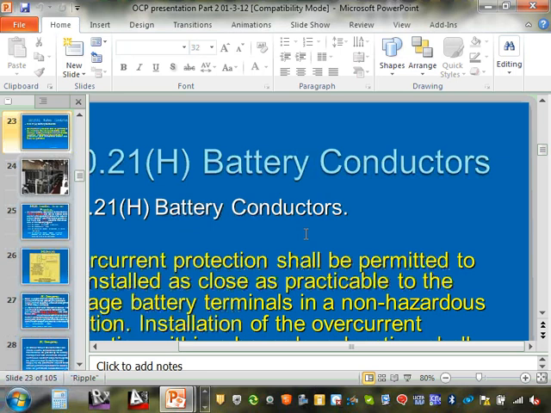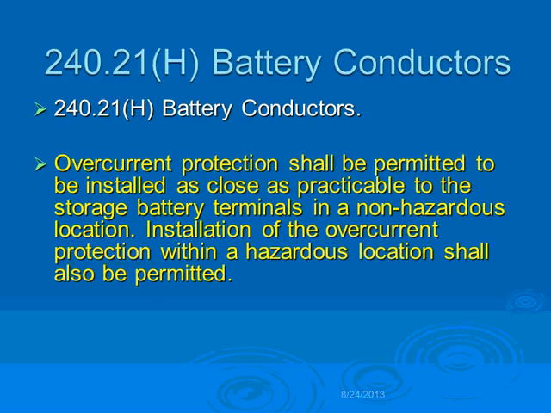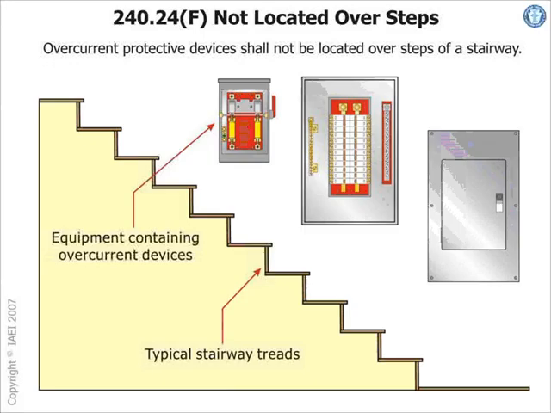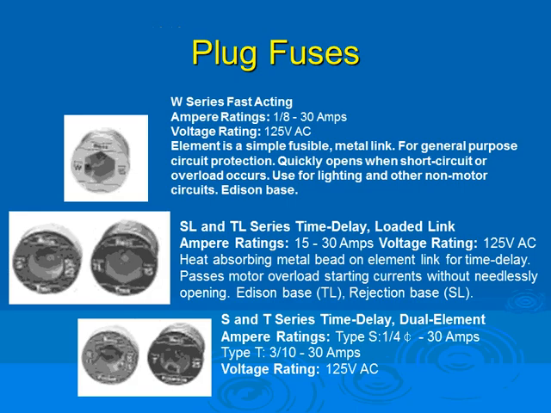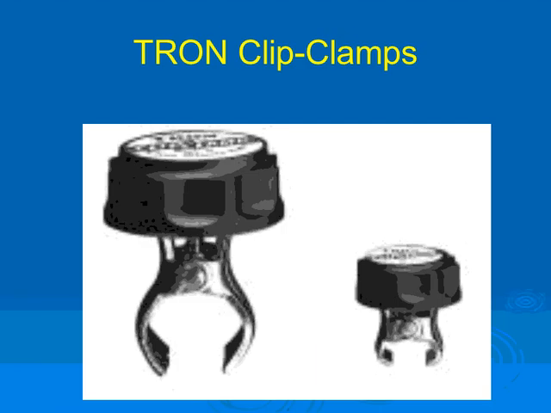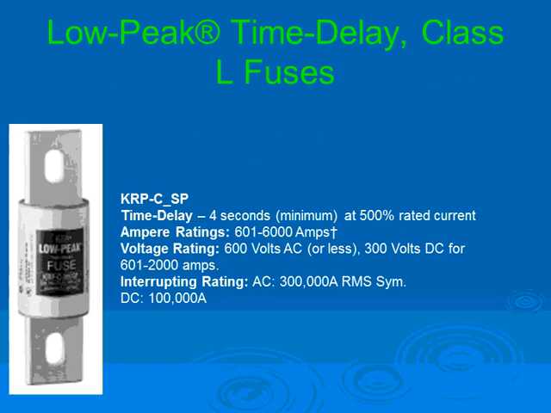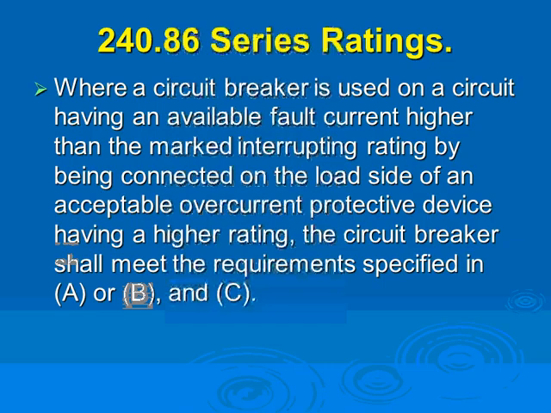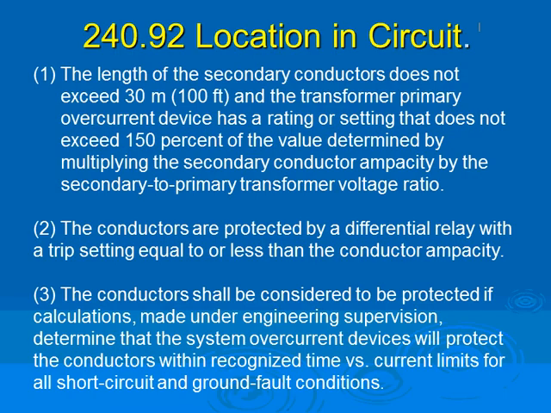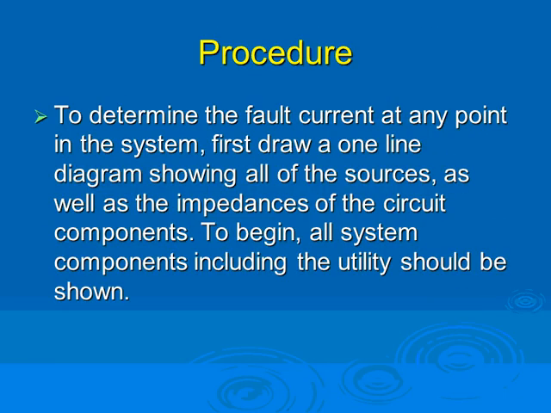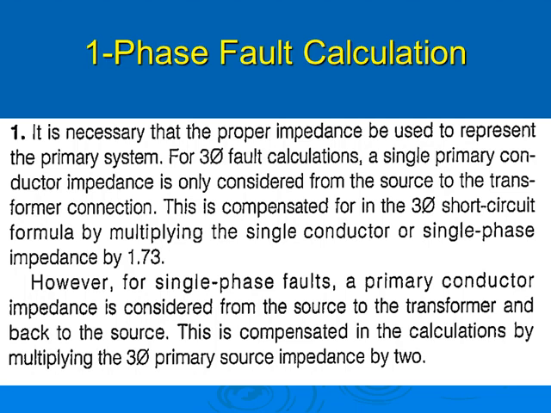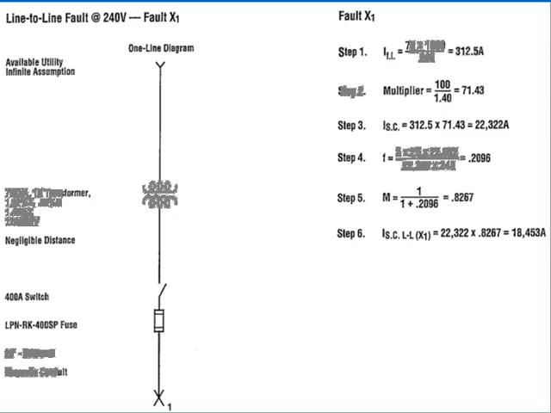I was just going to go over that quickly for a second, if you guys don't mind. I know you're eager to leave, and I understand. Let's go directly into the ground fault. See how fast we can go? Ground fault, short circuit, let's go to the 240 right away.